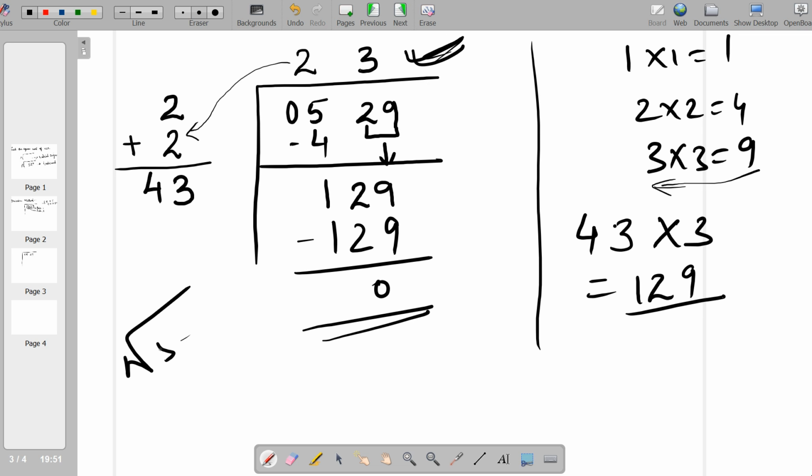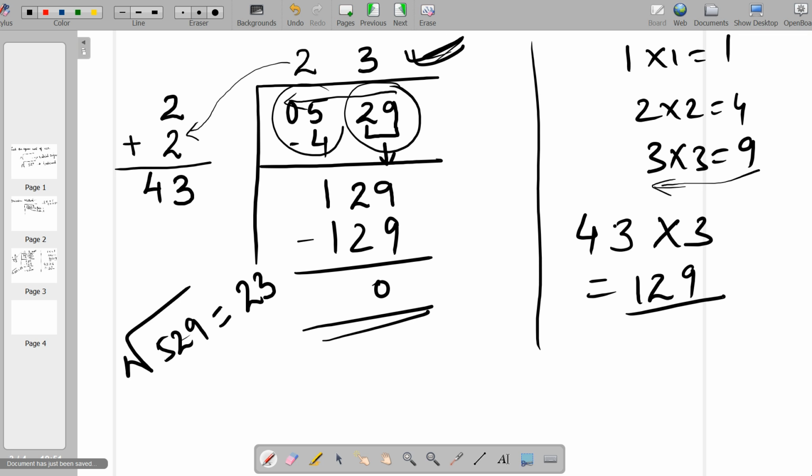So the square root of 529 is 23. This is how you will find the square root of any number. The only thing you have to pay attention to is that, whatever number you have, you move from right towards the left. Then you group the digits in twos and start dividing.